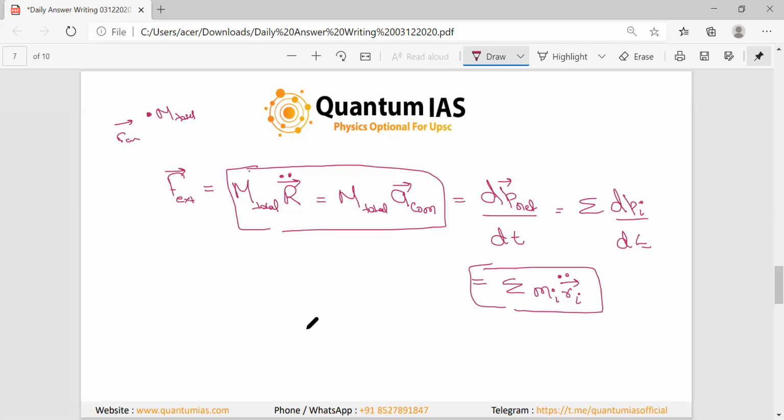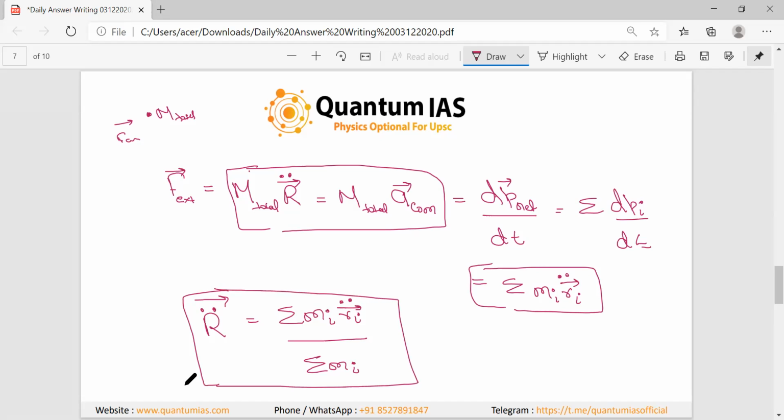So from here we can write r double dot equals summation m_i r_i over summation m_i, because m total is the summation of all of the masses. This is what we call the acceleration of center of mass.